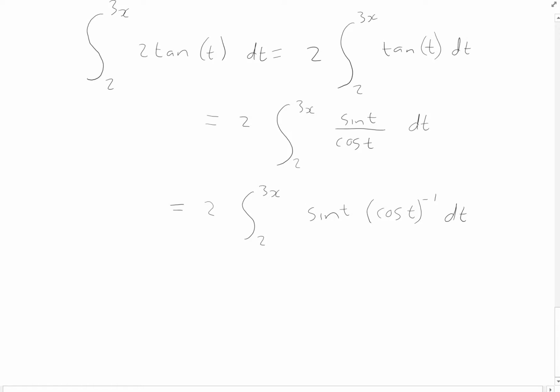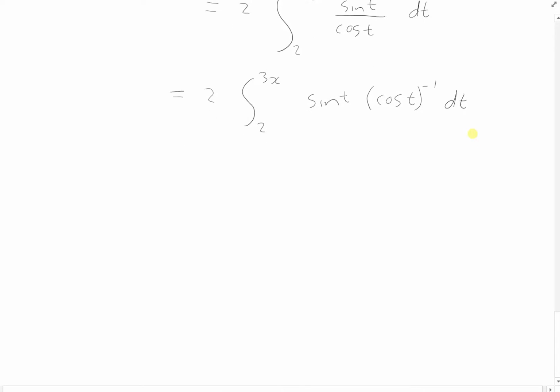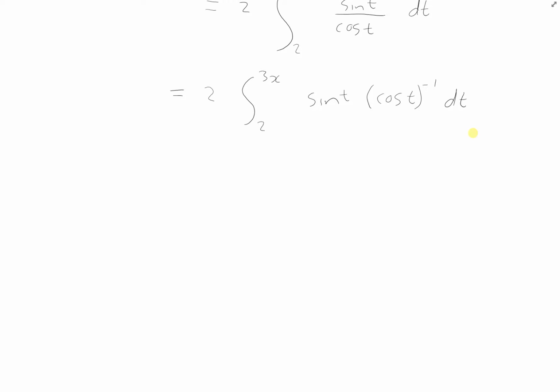Now let me use u substitution. Let's say u is cosine of t. That means my du is negative sine of t. You can already start seeing that we've got something here.